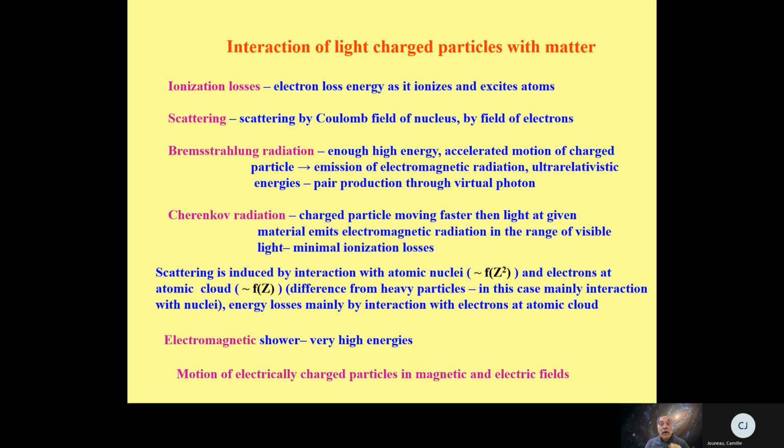And if this gamma has very high energy, these electrons and positrons also have very high energy. That means there is a very big probability for Bremsstrahlung radiation, and again you will obtain new gammas. In the end, you will obtain many gammas, electrons, and positrons. This is what is named an electromagnetic shower, the same electromagnetic shower which you obtain for gamma with very high energy.